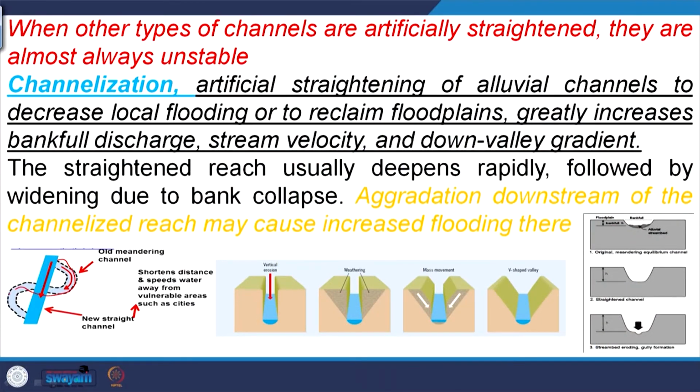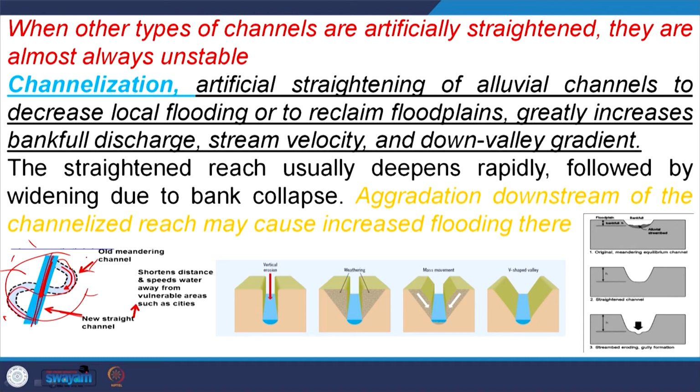For example, suppose there is a channel, earlier it was moving like this, and during flood the water was distributed throughout this area and it was getting inundated or flooded. Now, due to channelization we have made it straight. So, for this particular area we have solved the flood problem.